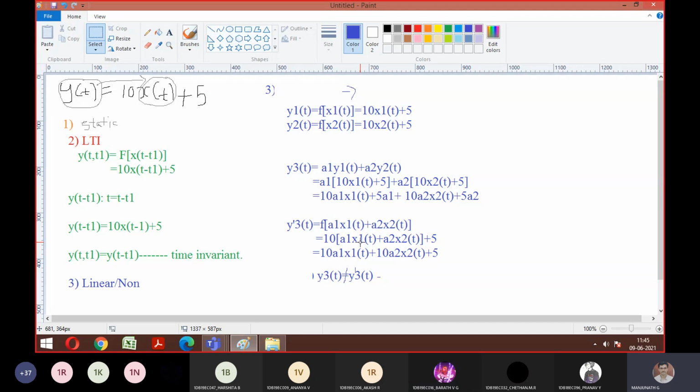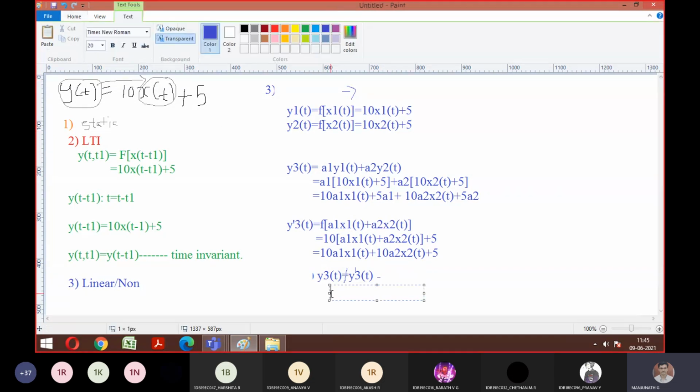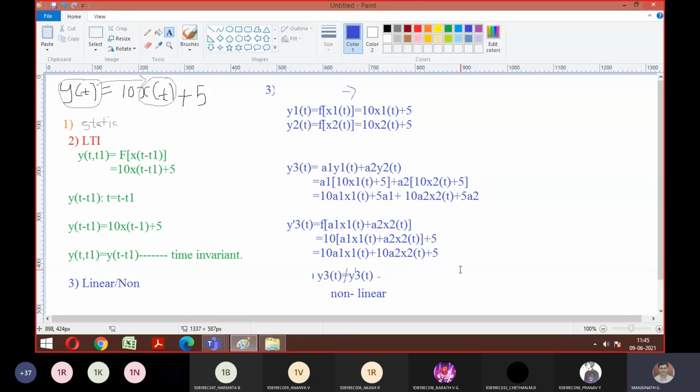Good. So hence you concluded this problem belongs to non-linearity. So you just add this here, non-linear.